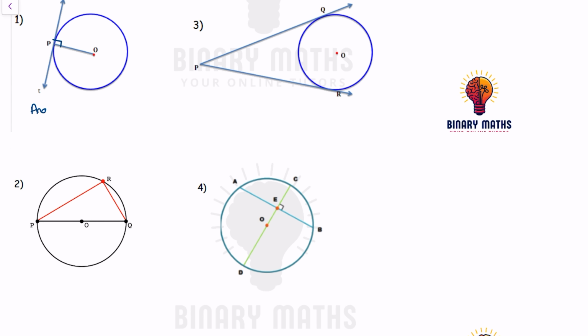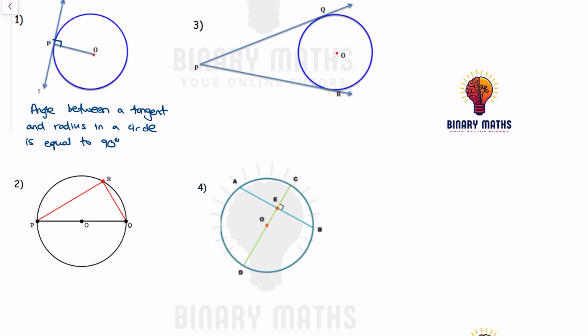So tangent and radius are always perpendicular.